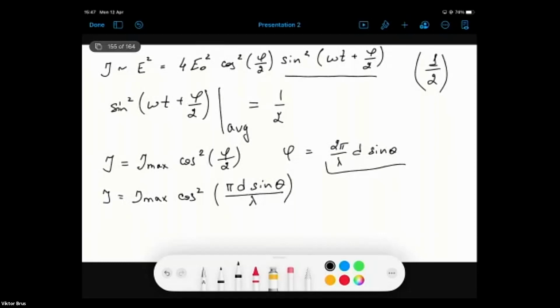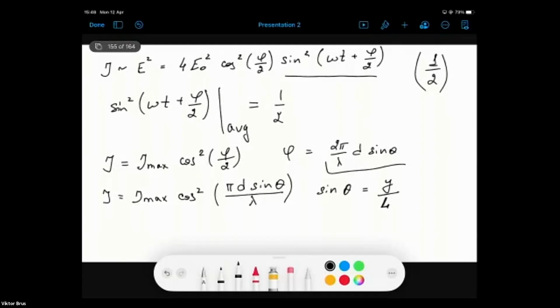So if we want to make a transition to the linear position of this distribution of light intensity in terms of y coordinate, then we need to take into account that sine theta for small angles is equal to y over L, as we discussed earlier.